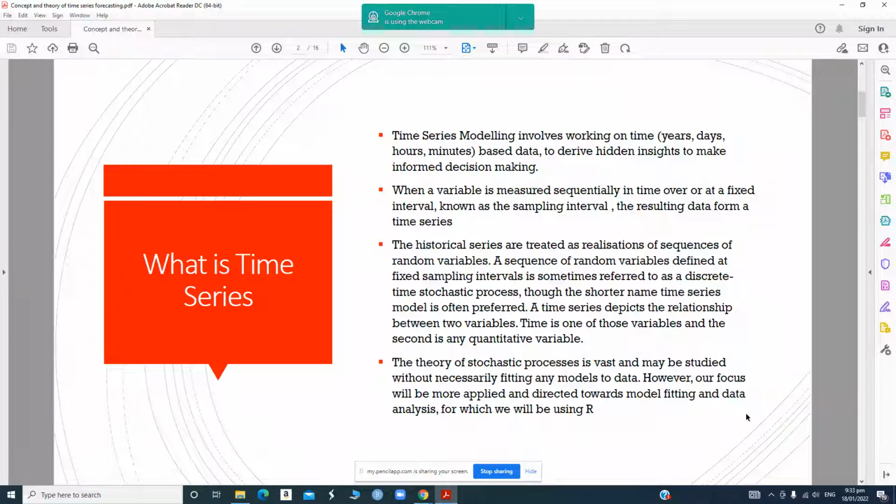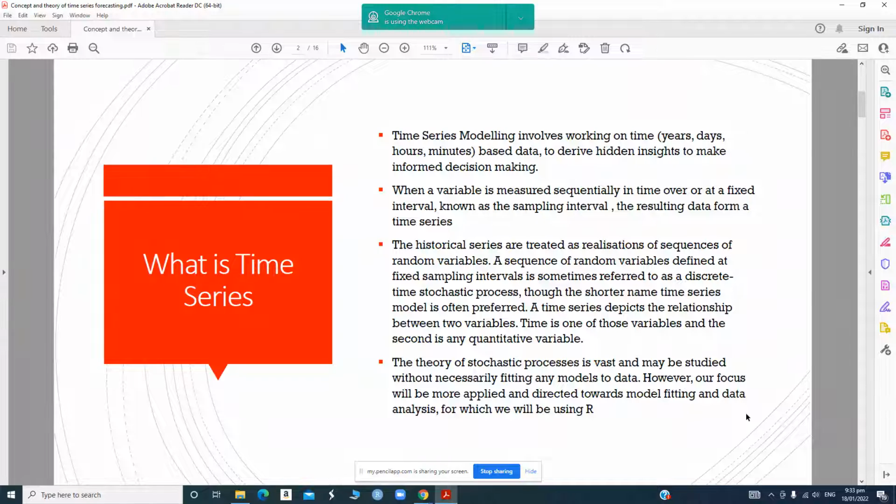So when we talk of time series, we are talking of variables that are measured sequentially, overall at a fixed time interval. The fixed interval is generally known as sampling interval, and the resulting data is called time series.